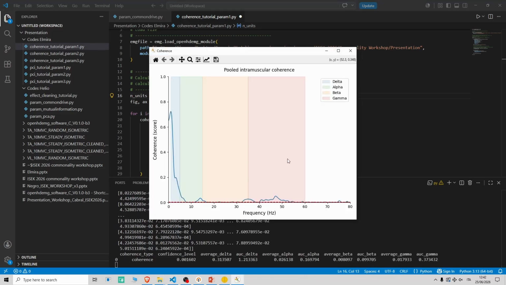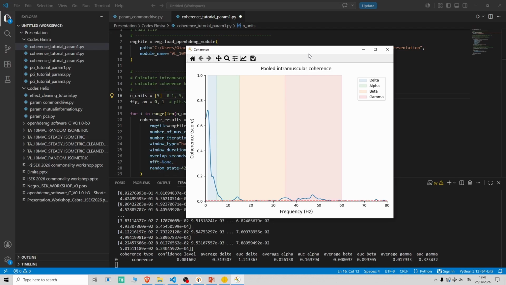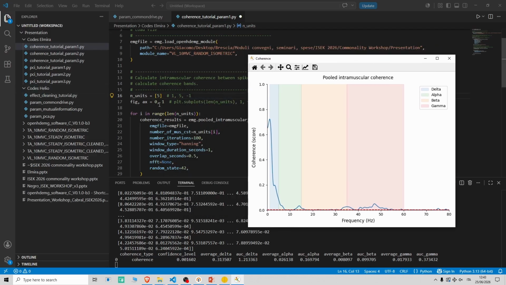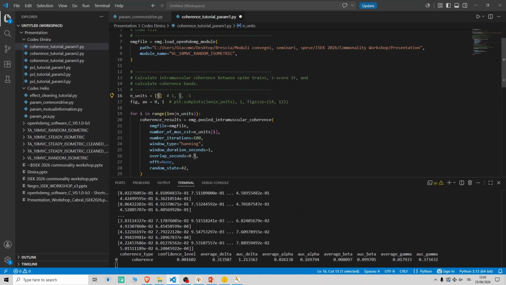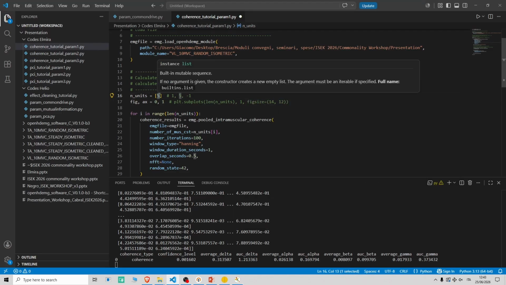Okay. It's clearly obvious that even adding 4 more motor units per each CST has increased our coherence estimate a lot, but we can do better. So let's add whatever we have in our data, which I mentioned was 18.